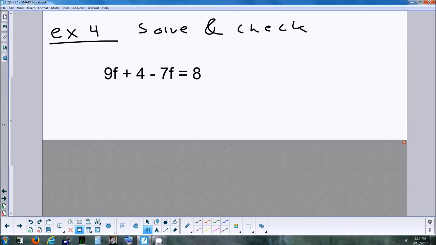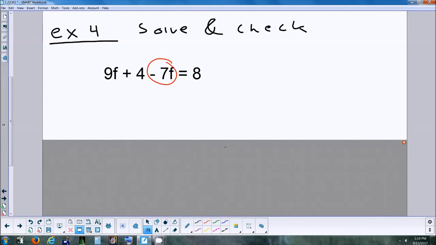I want to know a number with a variable. -7. -7 what? F, right? That's perfect. And I like how you said -7. How did you know that 7 was negative? Which side of it? Right, remember the sign to the left always goes with it. So this is going to be one number that has a variable, the -7.